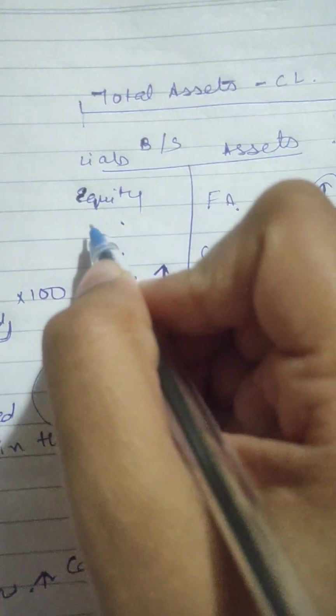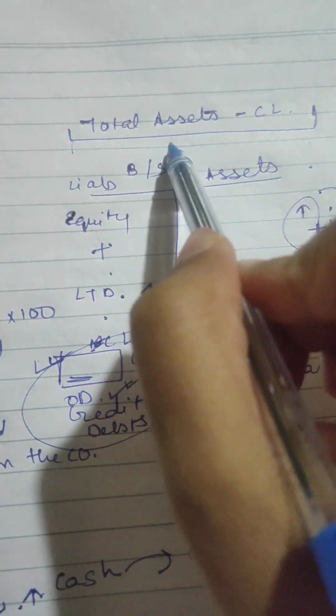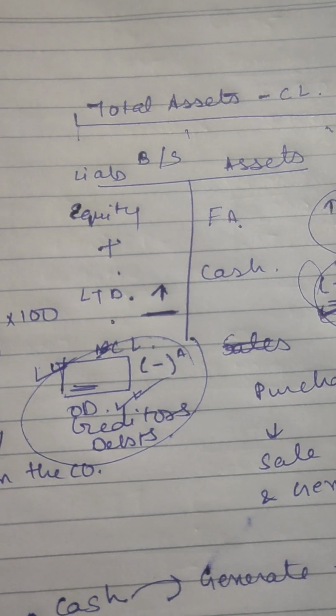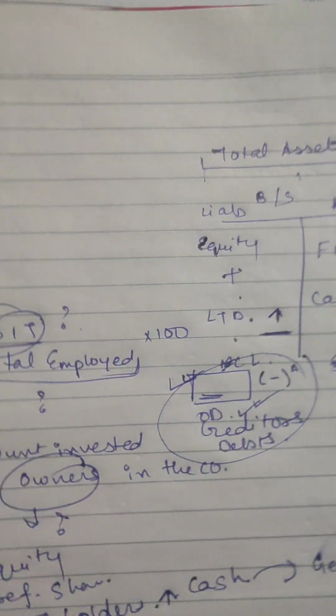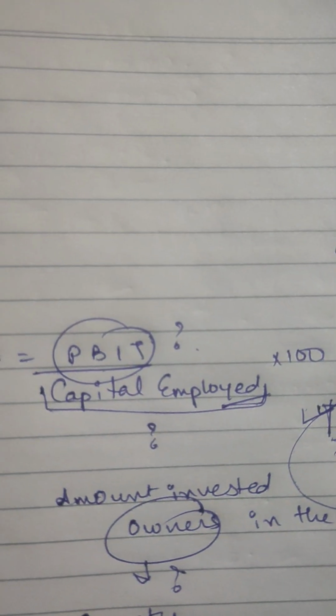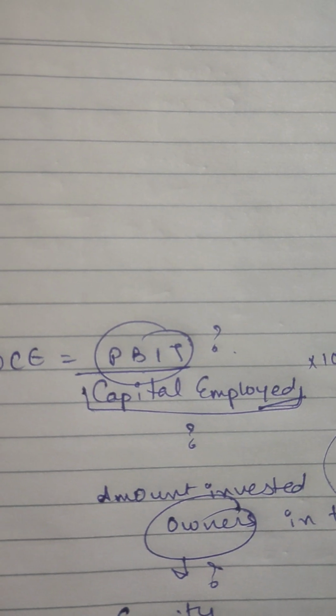That's why whether we add equity plus long term debt, or we do total assets minus current liability, our answer will be the same. I hope you got the point what is capital employed and how we can calculate capital employed. Now next comes PBIT, that is profit before interest and tax.